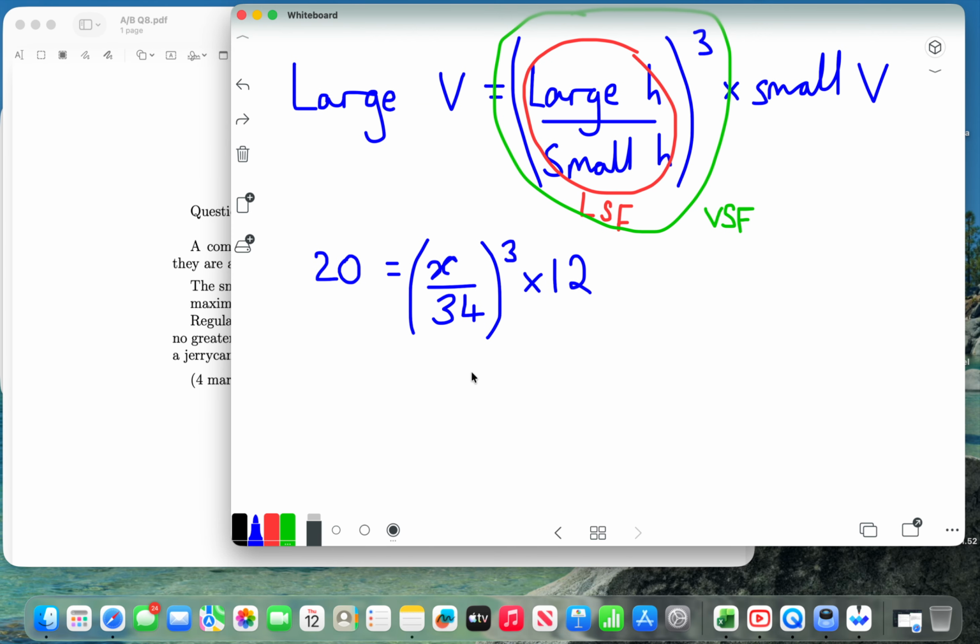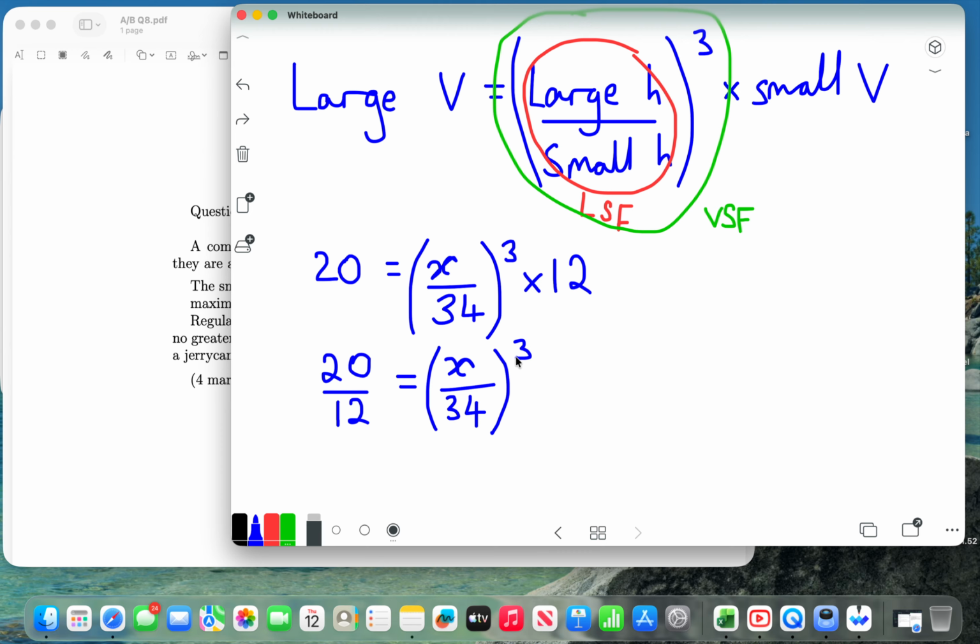So we need to do some rearranging to then get X on its own. The 12 is being multiplied, so we divide both sides by 12. And we get X over 34 all cubed. Now, the inverse of the cube is the cube root.